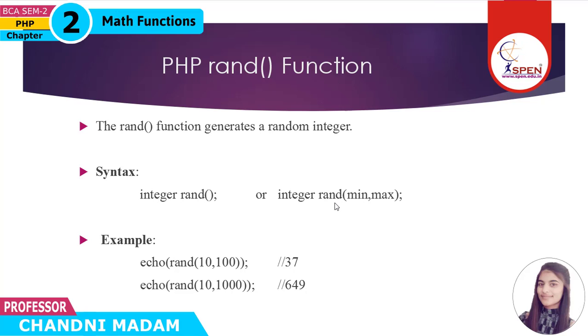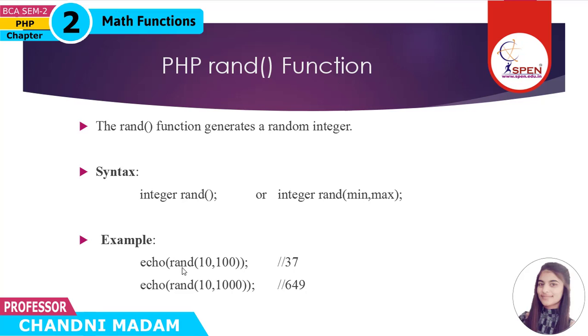The second syntax is if we pass two parameters, first is minimum and second is maximum. Both are optional. Here minimum and maximum mean this function generates a random number in between minimum and maximum. After executing this function it will give an integer value.